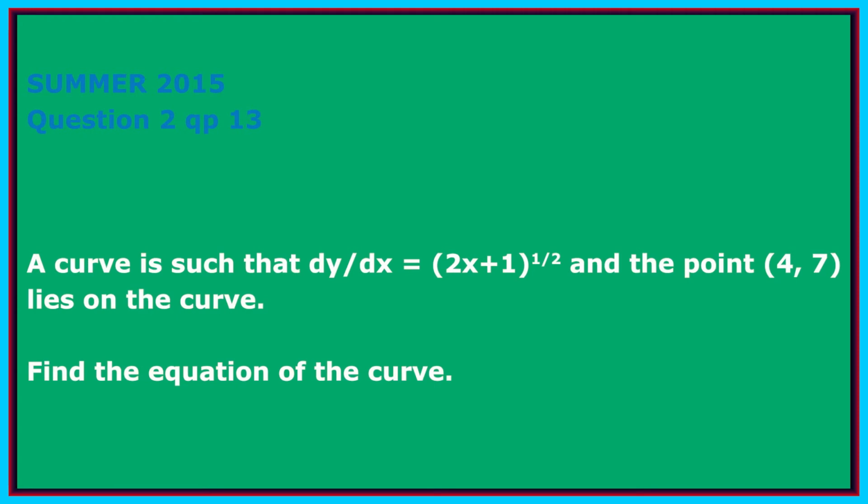Question 2, QP13. A curve is such that dy/dx is equal to (2x plus 1) to the power half, and the point (4, 7) lies on the curve. Find the equation of the curve.